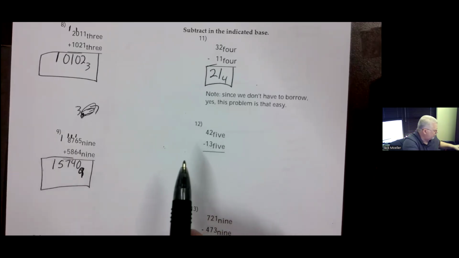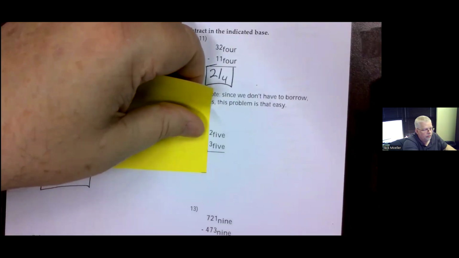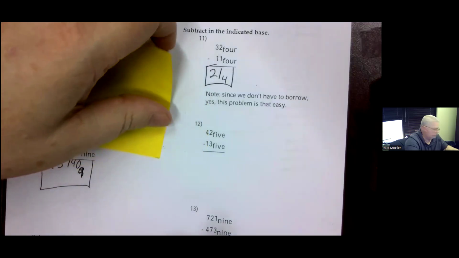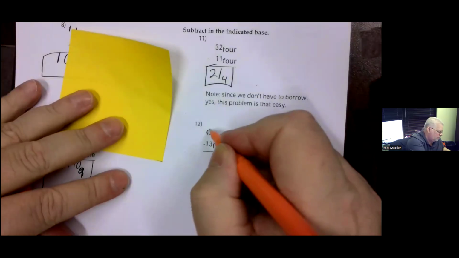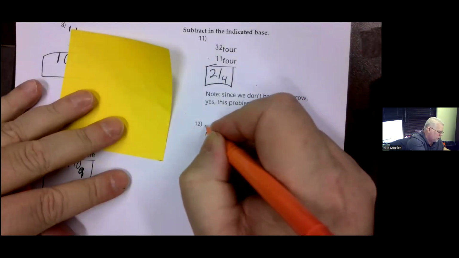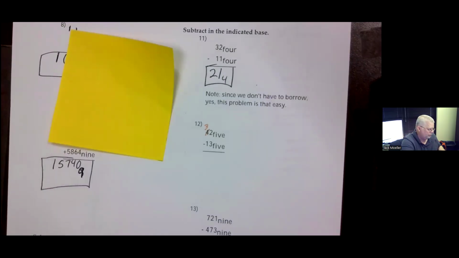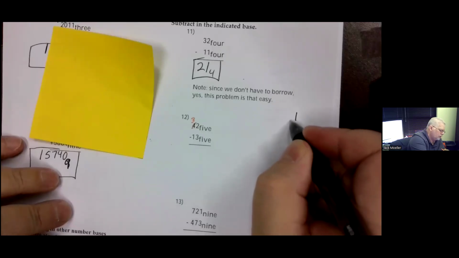Okay, so we have 42 base 5 minus 13 base 5. So we're definitely going to have to borrow now because we can't take 3 from 2. So the first part of the borrowing works like we're used to. We're going to come over here and borrow one of those and make that a 3. But now the question is, what did we just borrow? Well, since we're in base 5, remember our place values start at 1 on the right.